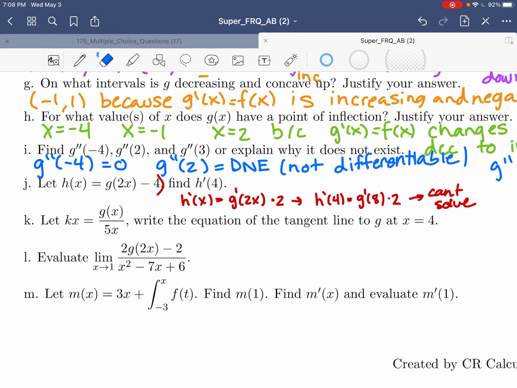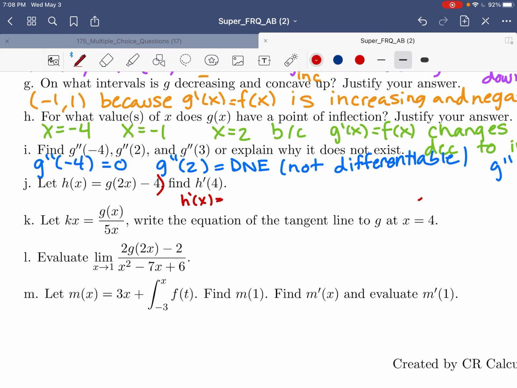If it was something that you could solve, let's say that this was h of x equals g of 2x minus 4. So it was all on the inside. It would still be g prime of 2x minus 4 times the derivative of the inside is still 2. This is what I believe the problem was supposed to say.